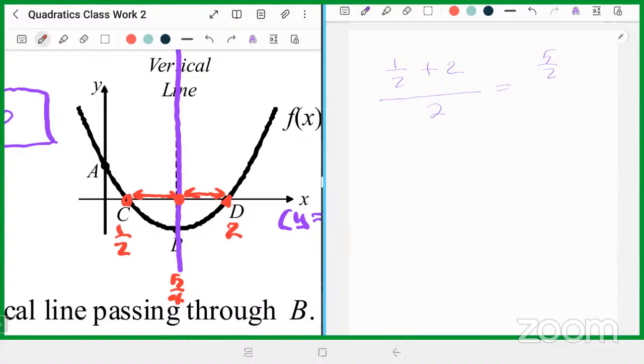Because this 2 right here is the same as 4 over 2. So this will become a half plus 4 over 2. See, 4 over 2 is still 2. All of that divided by 2 equals, the numerator now becomes 5 over 2. That's 1 and 4 is 5. The numerator all over this 2.